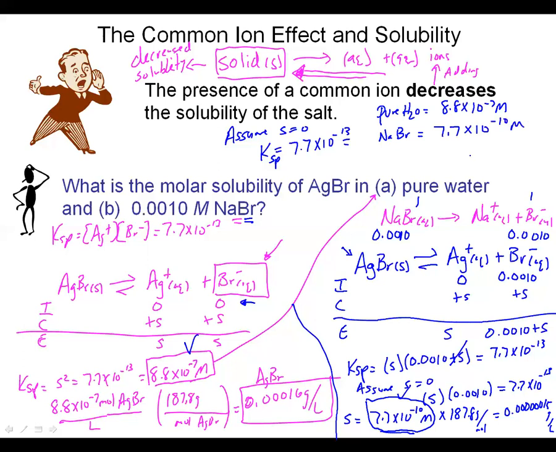It is definitely less soluble here in the sodium bromide, because when we have that common ion like we did here, it is going to cause this equilibrium to shift to the left and thus keep the salt together and not break apart as much. Any questions on that?